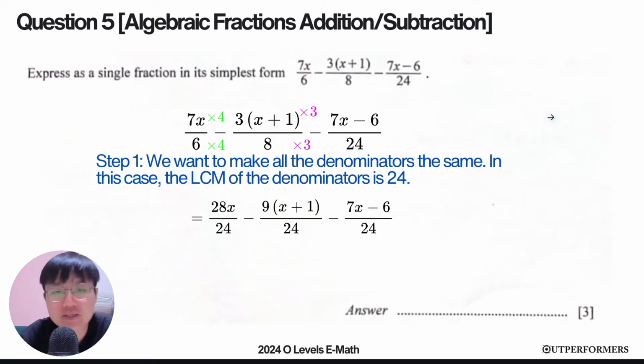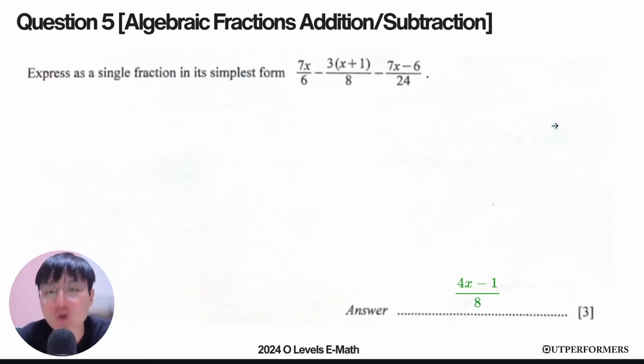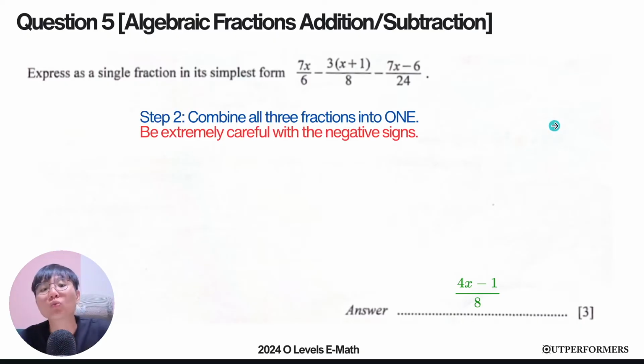So with this, I will be able to get 28x as the numerator, and 9 times (x plus 1) as the numerator over here. We don't have to touch this third fraction at all. Now let's begin combining all of them into one, and we must be extremely careful with the negative signs.